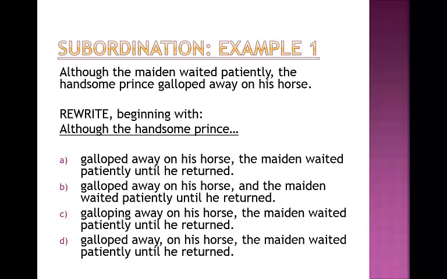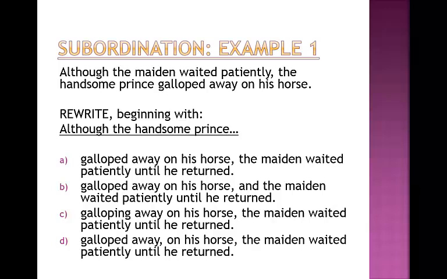Is it waited? Is it patiently? No, it's the word although, right? It's providing us with some type of relationship, okay? And so now that we understand how the sentence is put together, now we can rewrite it. So we're going to start with, although the handsome prince, which looks awfully similar to the way it started before.